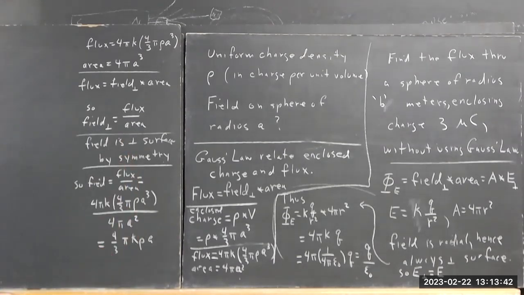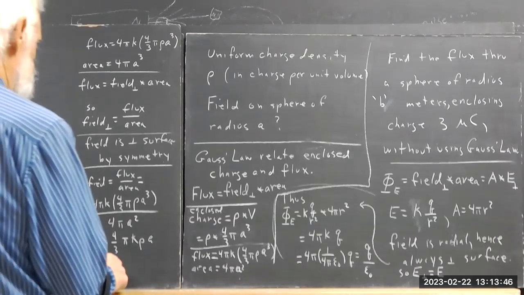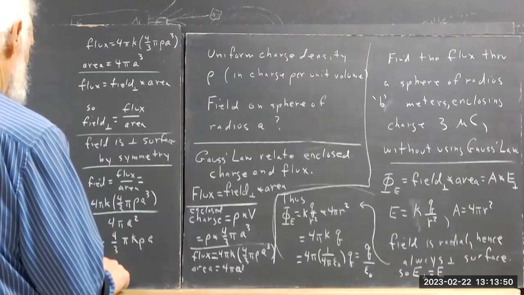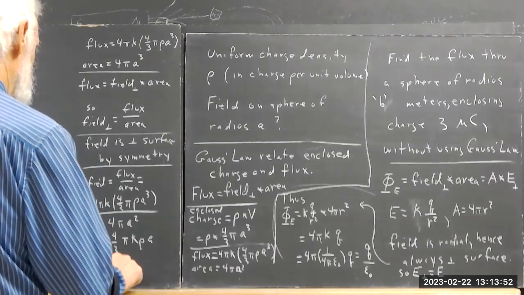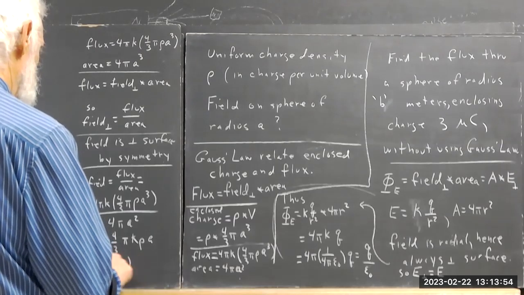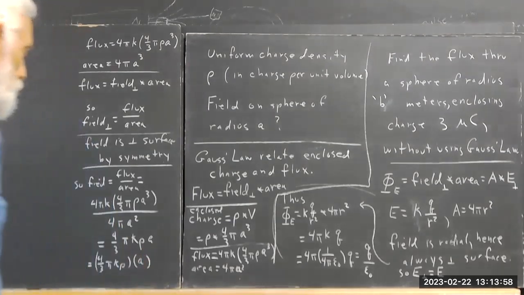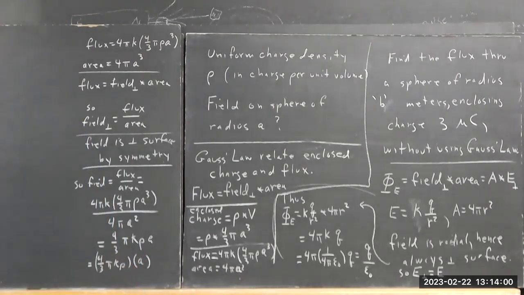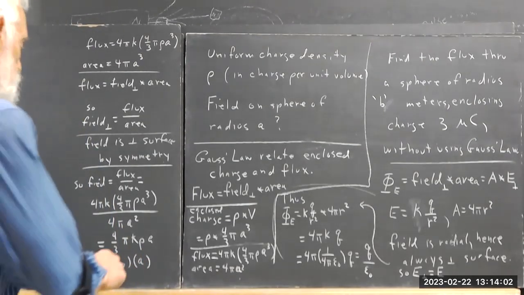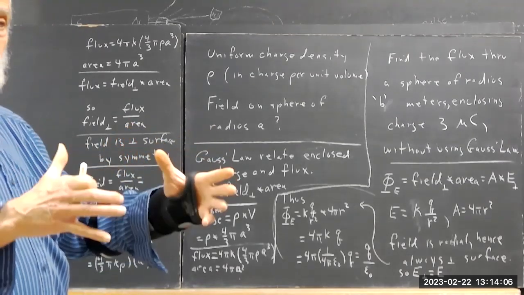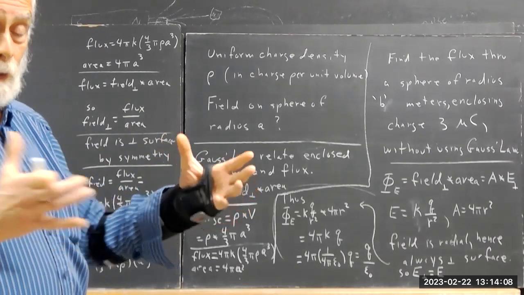Now, the implication of this is you have a constant multiple of a. So if you do a larger and larger sphere, you get a bigger and bigger electric field.